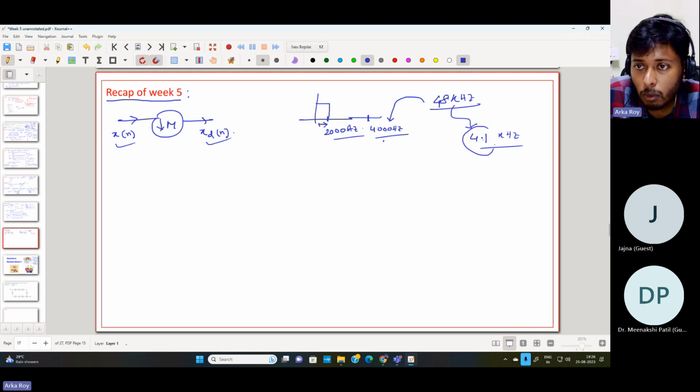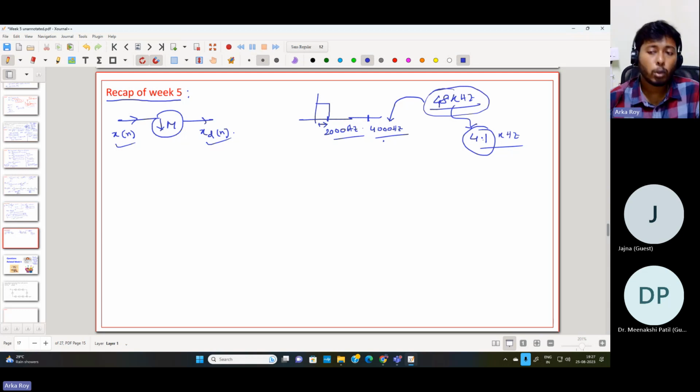So 4.1 kilohertz is not an integer multiple or integer division of this 48 kilohertz. So here comes the downsampling by a fractional amount. Here, integer downsampling will not work.